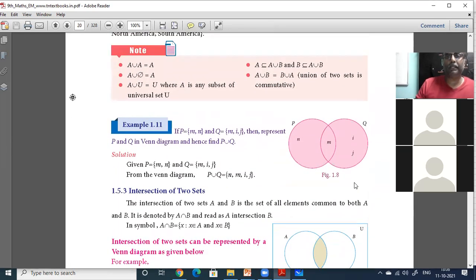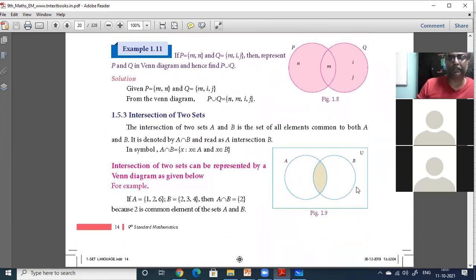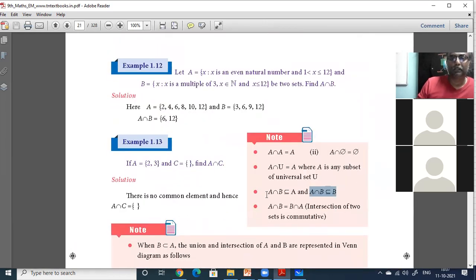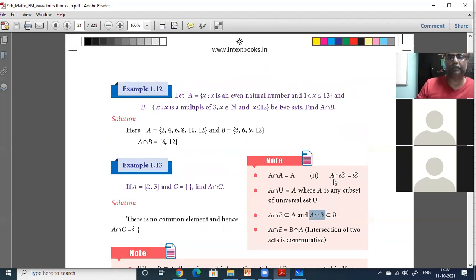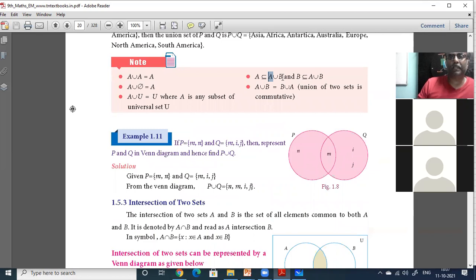Here what we are finding, A is a subset of A union B, and B is a subset of A union B. See the difference. That is also very simple to understand.